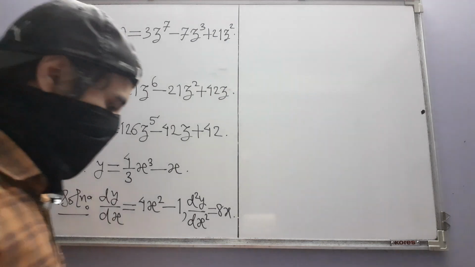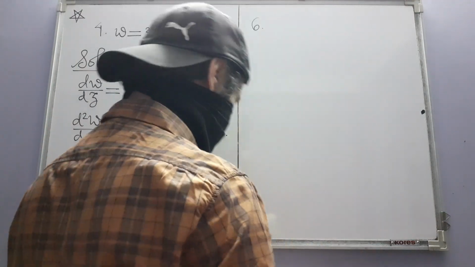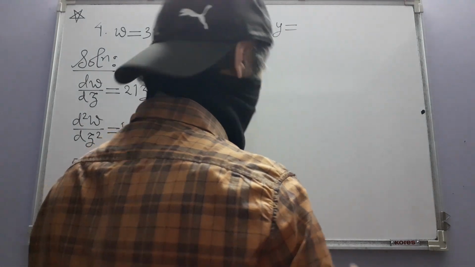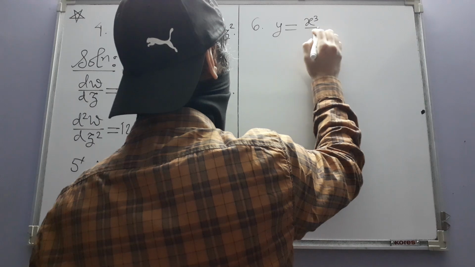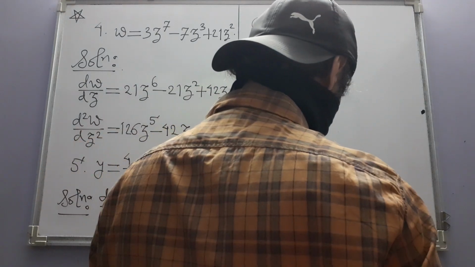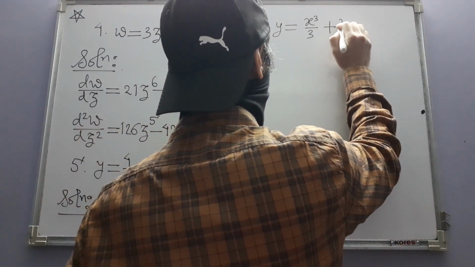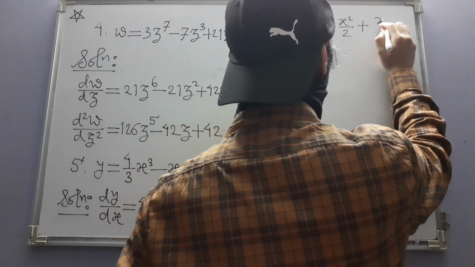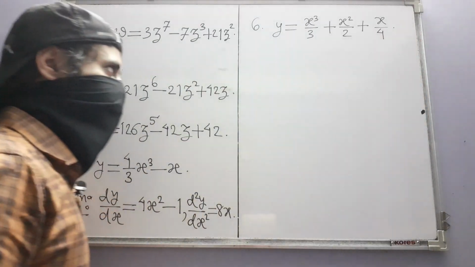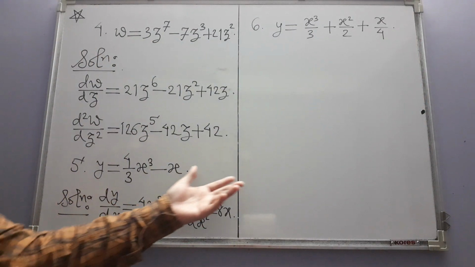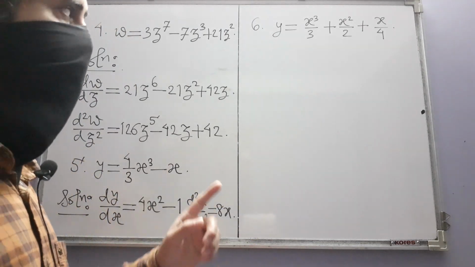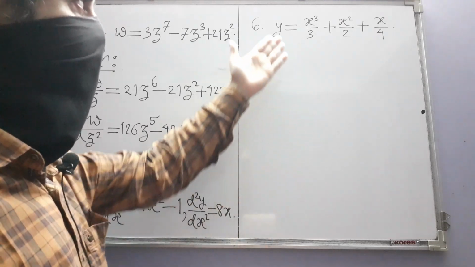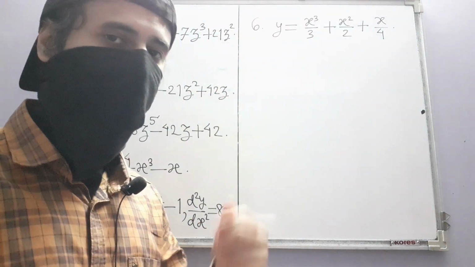Next, 6. y equal to x cube divided by 3 plus x square divided by 2 plus x divided by 4. Also, if you get into the habit of differentiating these types of functions, do not think that y will always come with x, or s will always come with t.